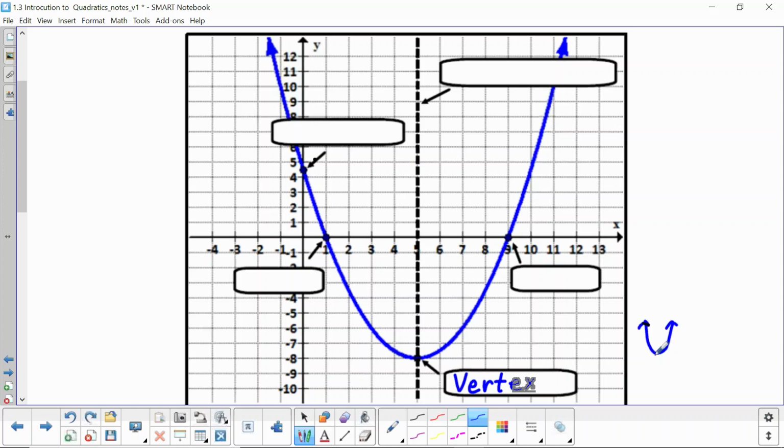So this is the lowest point, and if it opens down, then the vertex is the highest point. So either the lowest point or the highest point, we call that point the vertex. And the other important points are these two, the x-intercepts.